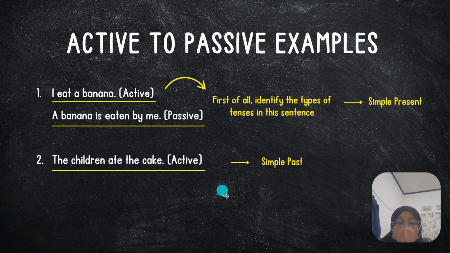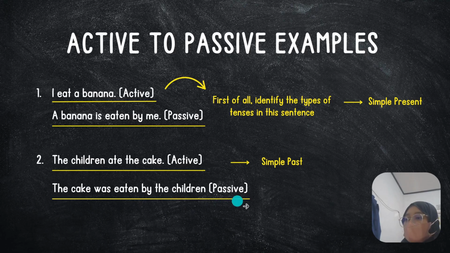It is was or were, but the subject is plural, and because it's plural, you use were, because was is for singular. So the cake were eaten by who? By the children. The cake was eaten by the children.